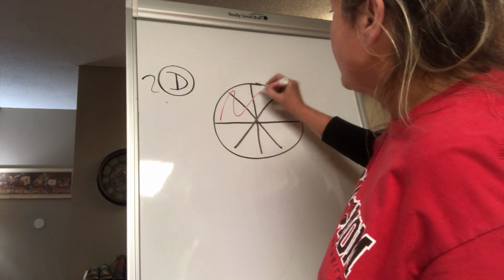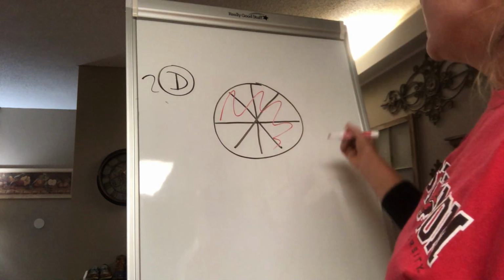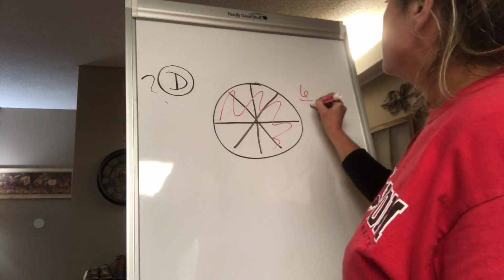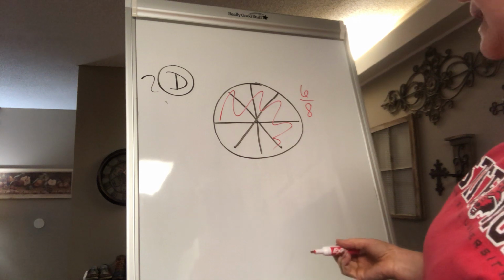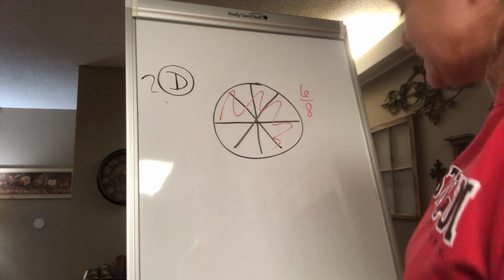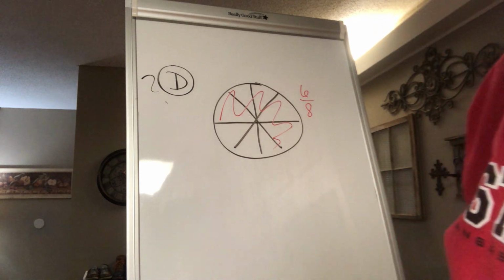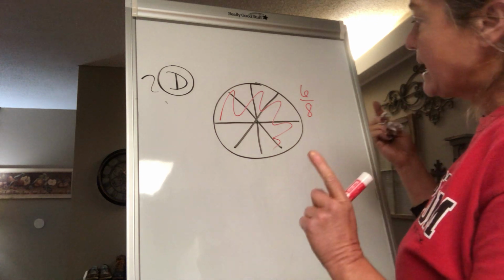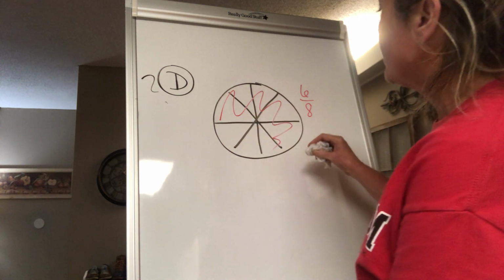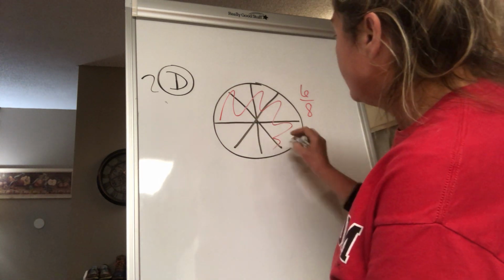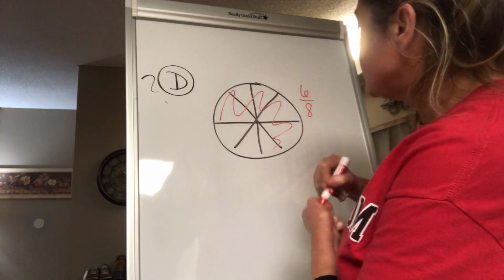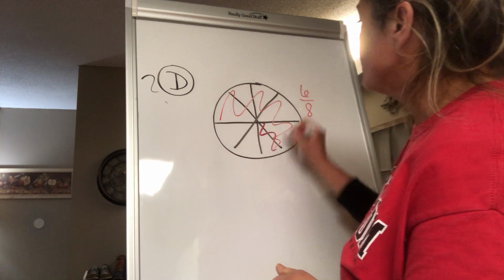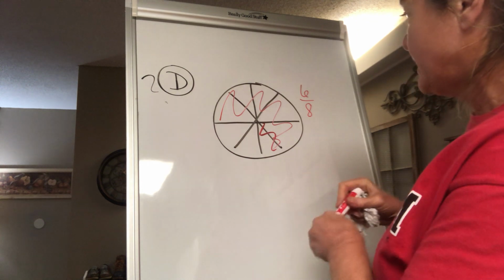3/4 were left, which was 6/8 slices. But then it says Noah went in and ate another slice. That's where I took another one off. So he went in and this slice was still there. All of this was still there. The 3/4 was there.